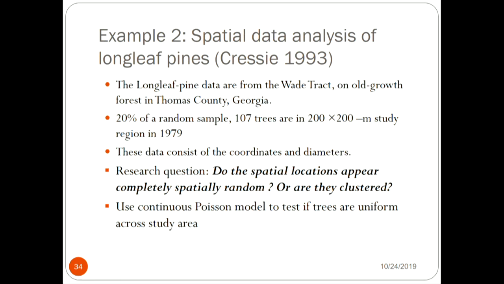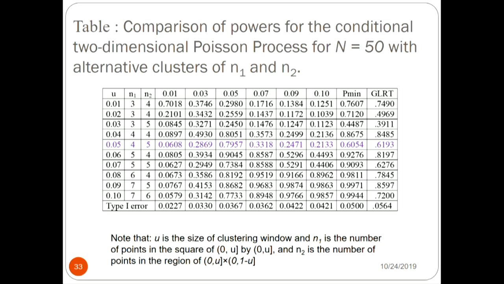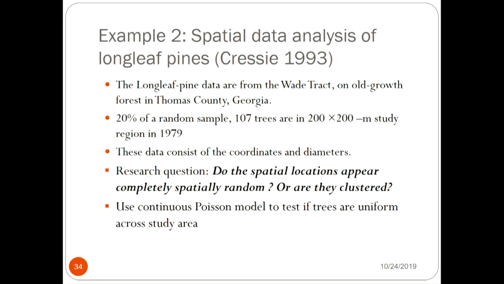Now here is a real example. That was the simulation example to compare the power. Now here I would like to present real data, which is the longleaf pine trees distributed in a 200 meter area.